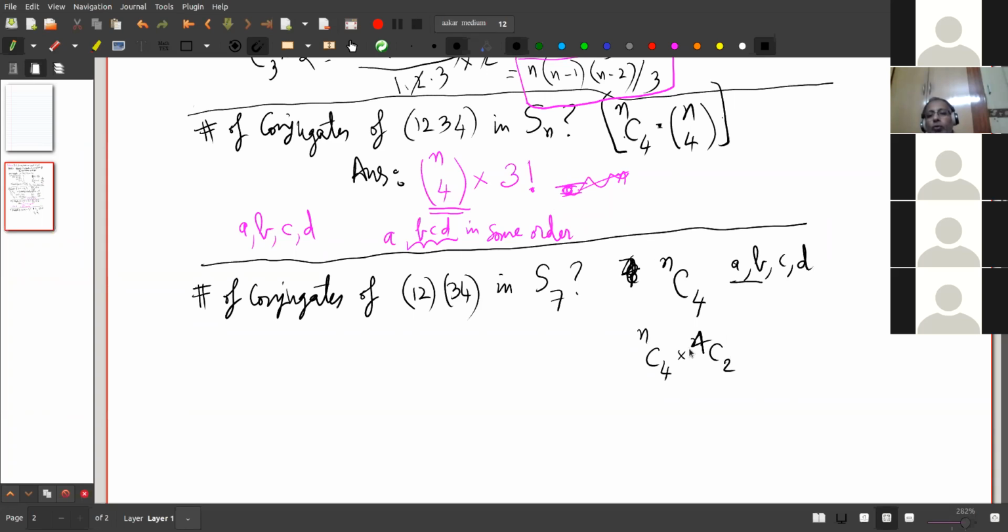And then you choose 2 of them, right? So this will count. We have to make sure that we have not overcounted and that we have counted everything. Have we counted everything? Now we need to think a little bit. So let us do that individually.